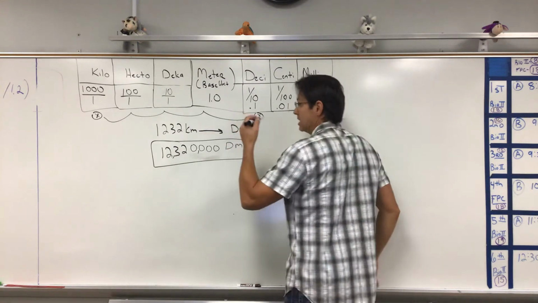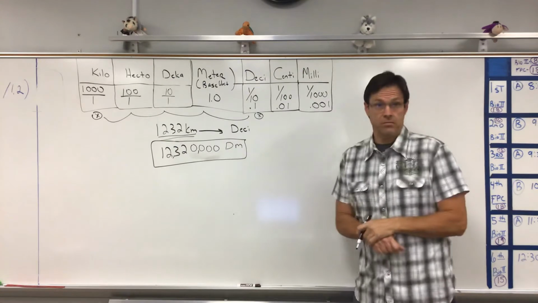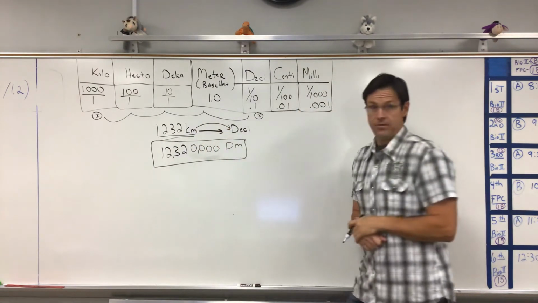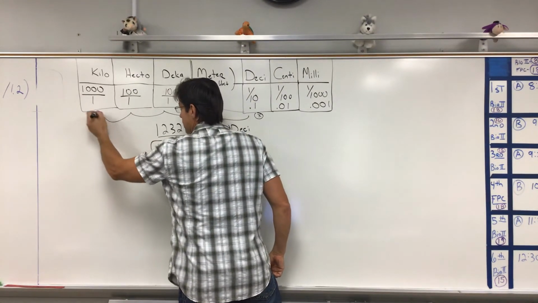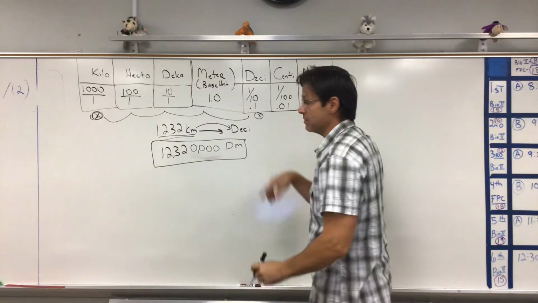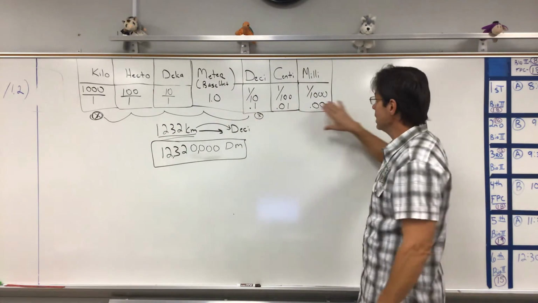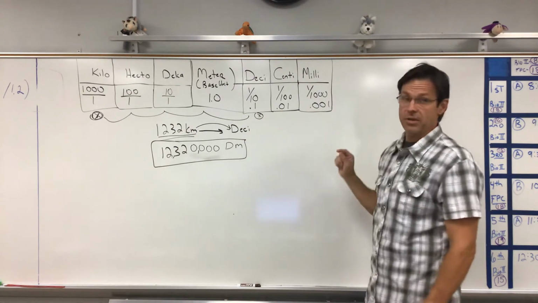So all I did, once again, is right here, I had kilometers, okay? And I'm converting it to decimeters, right? So I started over here, okay? And sometimes you get a little piece of scratch paper, and if you can do it in your head, great, but there's nothing wrong with just doing a simple conversion going left to right by seeing how many places you moved.